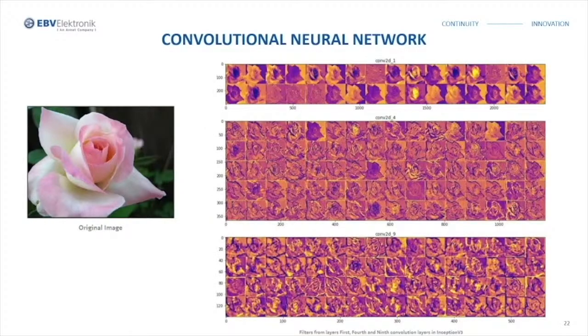So this is how it looks in practice. On the left side we've got our original image, and on the right side we can see a few examples of the different kinds of layers in the convolutional neural network after the filtering, after using the convolution, after using our filter, or in other words our kernel.